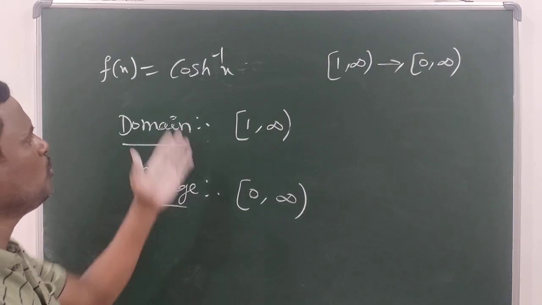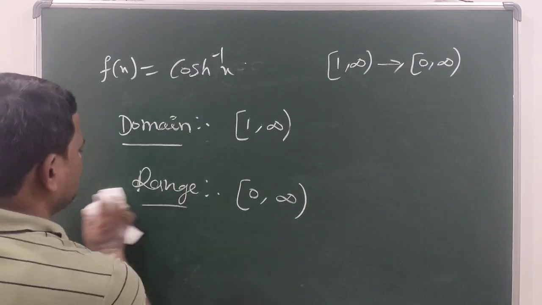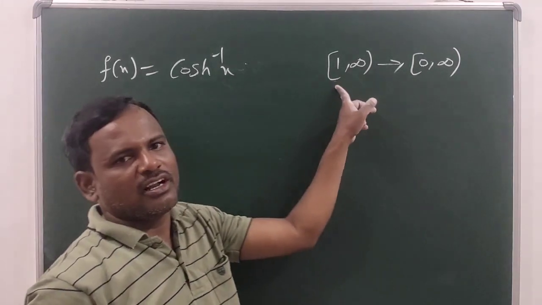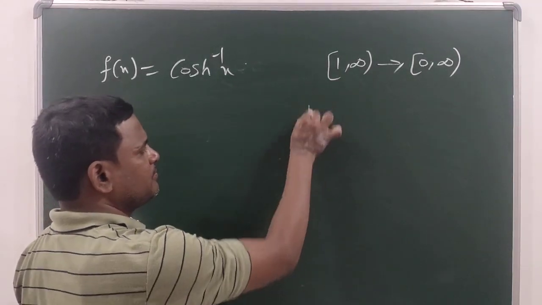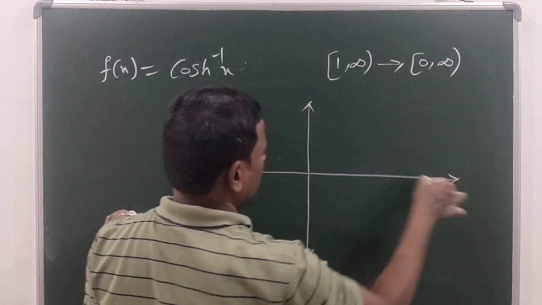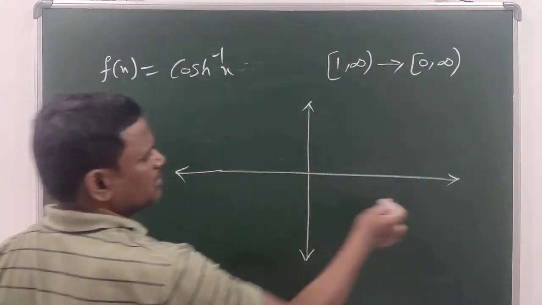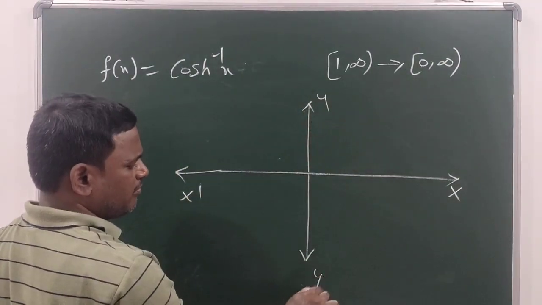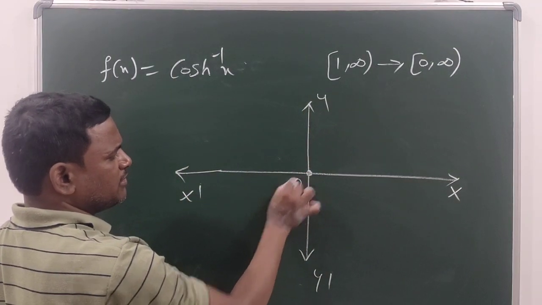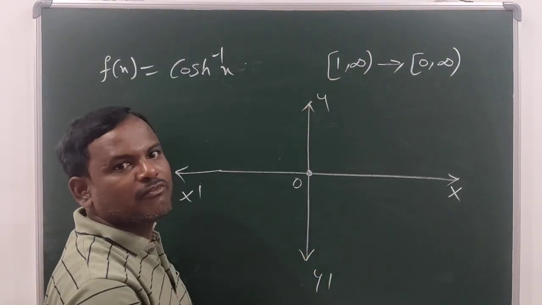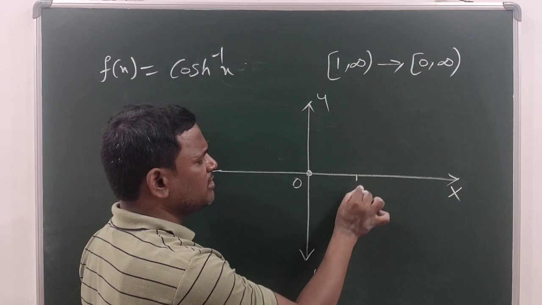Now let us go to the graph of cos h inverse of x. In this interval, how do you draw its graph? See this, x dash, y dash. Now this is the origin. Domain values begin from 1 to infinity. Where do we get 1? Somewhere here.